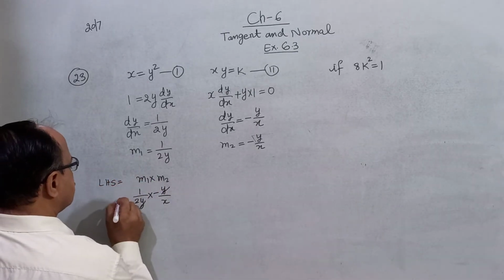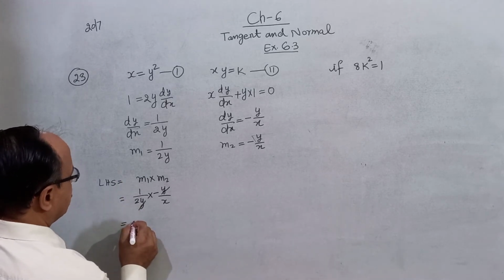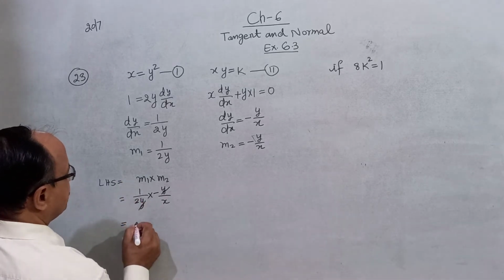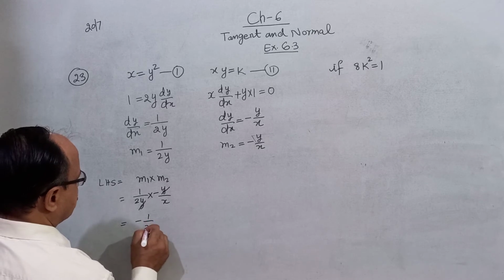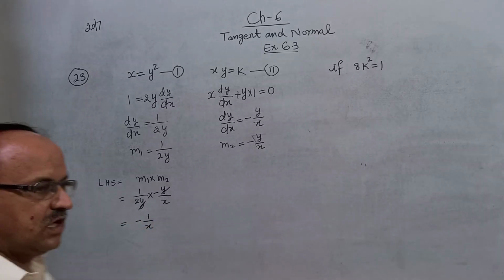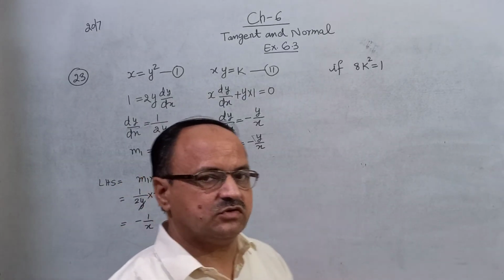Left hand side, that is m1 into m2, when you simplify, minus 1 by x. Another method of solving this question.